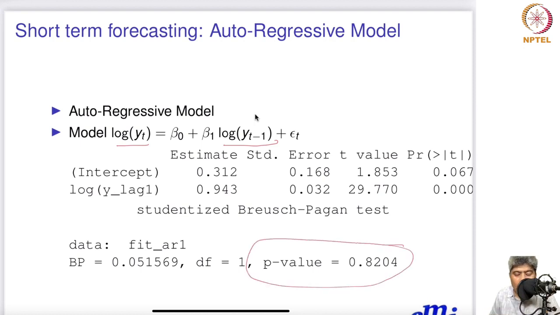So it cannot reject the null hypothesis that the residuals are homoscedastic. That assumption is correct, and this is indeed a good starting point for a lag 1 autoregressive model.